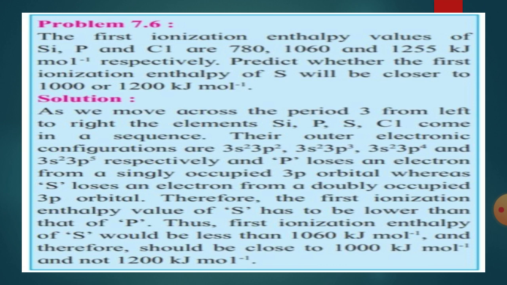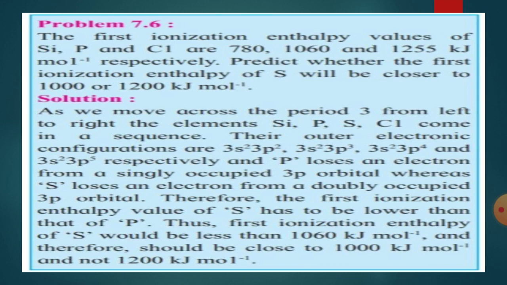Therefore, the first ionization value of sulfur has to be lower than that of phosphorus, as we have studied earlier. Hence, the first ionization enthalpy of sulfur will be less than 1060 kilojoule per mole.